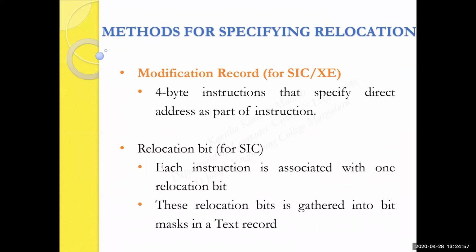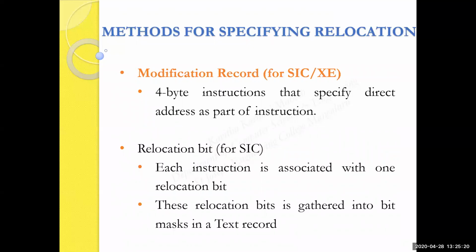You are already aware that SIC-XE provides for 4 different instruction formats: format 1, format 2, format 3, and format 4, which are 1 byte, 2 byte, 3 byte, and 4 byte instructions respectively. The 1 byte instruction does not make any direct memory reference. They do not have any operands as part of the instruction.